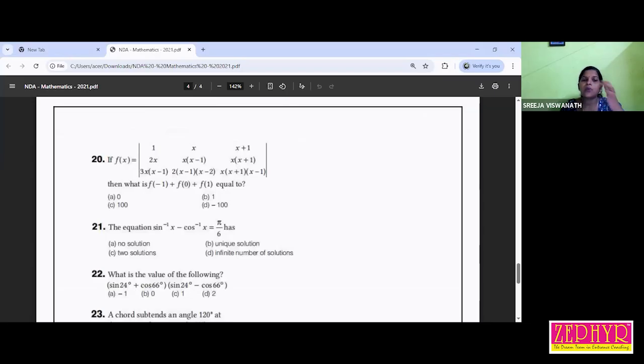If f of x is equal to the determinant with rows 1, x plus 1, 2x, x into x minus 1 and so on, then what is f of minus 1, f of 0 plus f of 1? How can we find f of minus 1? Put x equal to minus 1. Since it is f of x, f of minus 1 is when x is equal to minus 1.